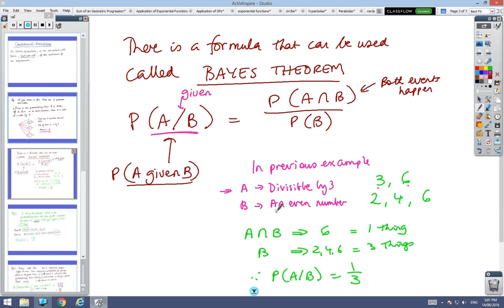For B, we had to have an even number. The intersection is when those two things happen at the same time. There's one outcome in the intersection, and B had 3 outcomes, so the answer is 1/3. Okay, copy that and come across.